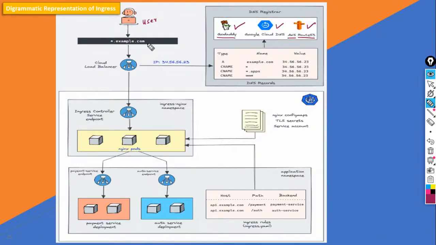So any company who wants to have their own domain, like any big, small or medium company, even if you have a business and you want to have your own footprint, you must buy one domain, either from GoDaddy or Google Cloud DNS or AWS Route 53. They are separate service providers.